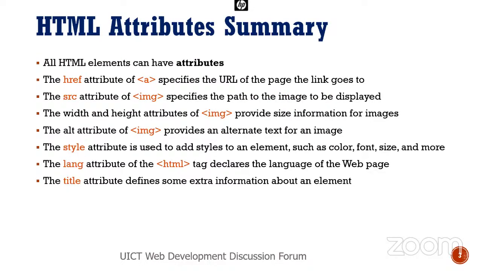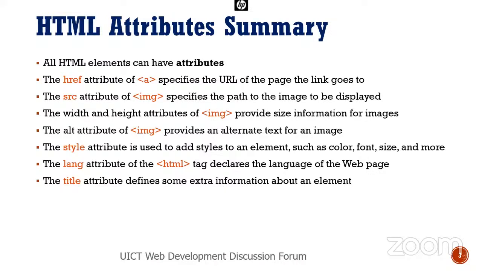HTML attribute summary. In this particular session, we are supposed to look at all these attributes, but because of limited time, I ask you to go and research the other ones. Mainly today we are going to look at the href attribute. Remember, all HTML elements can have attributes. There's the href attribute of A, which specifies the URL of the page the link goes to.